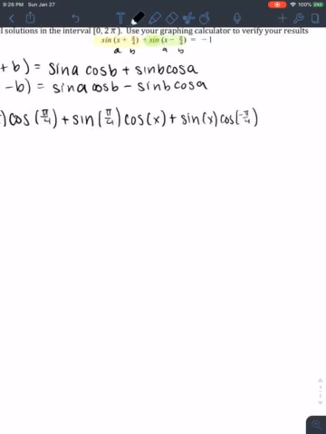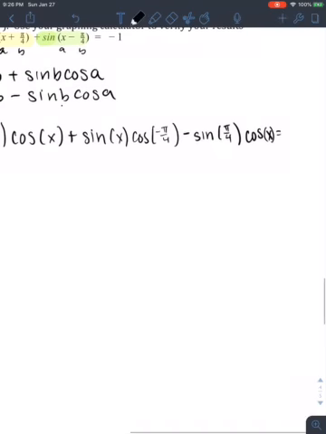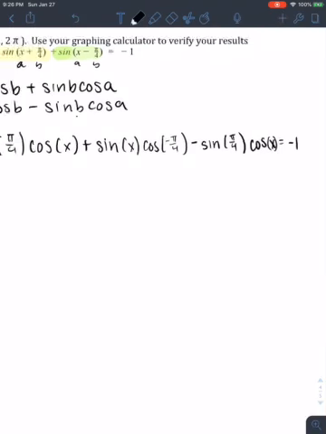And then I'm going to zoom in a little bit. Minus the sine of b, which is pi over 4, okay, times the cosine of x is equal to -1.